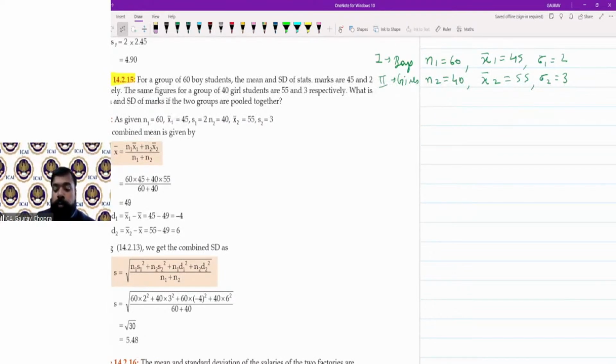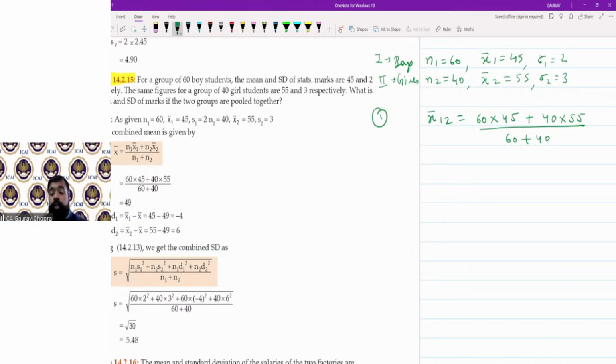If the two groups are pooled together, so the first step is to find the combined arithmetic mean x bar 1, 2. So for x bar 1, 2, it is n1 into x bar 1 plus n2 into x bar 2 divided by n1 plus n2.